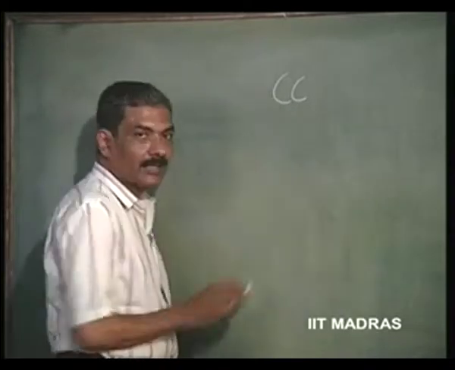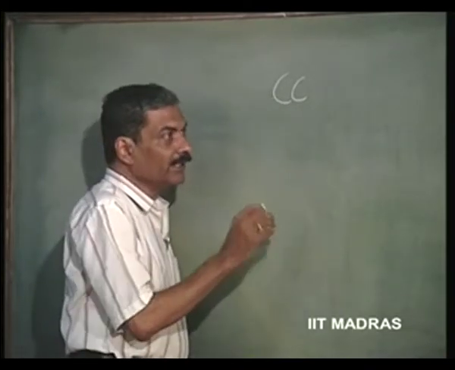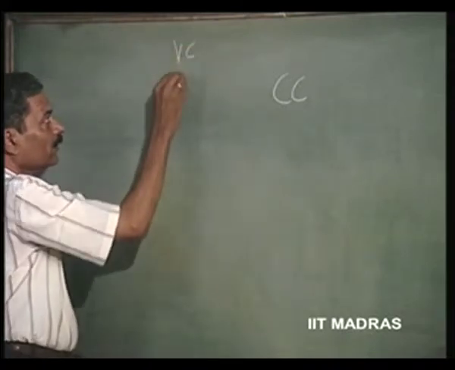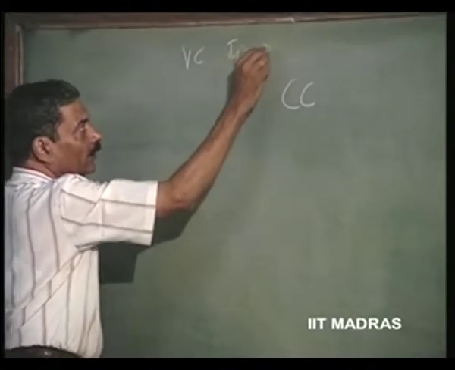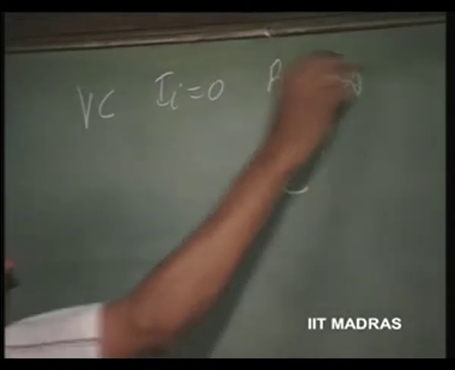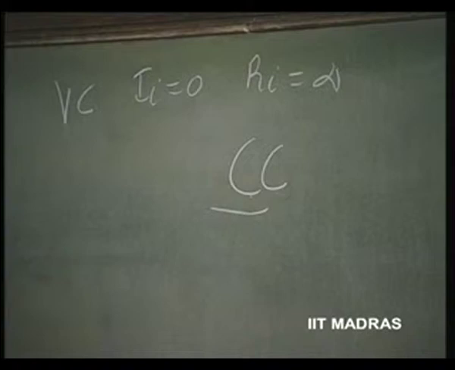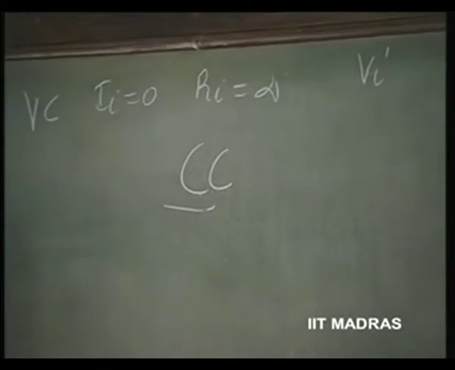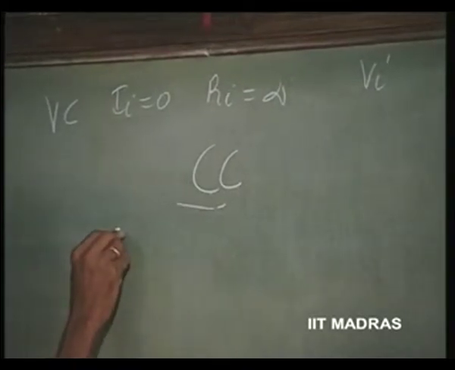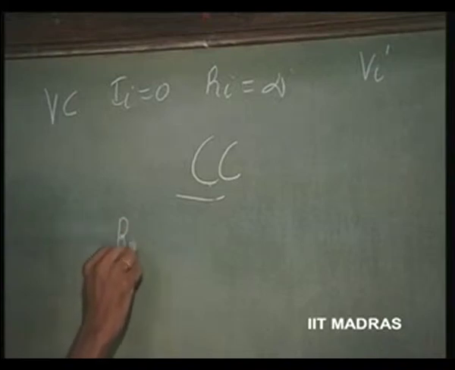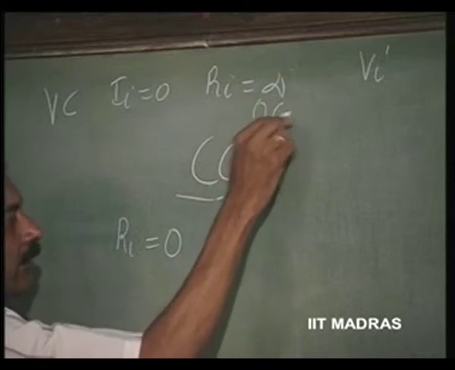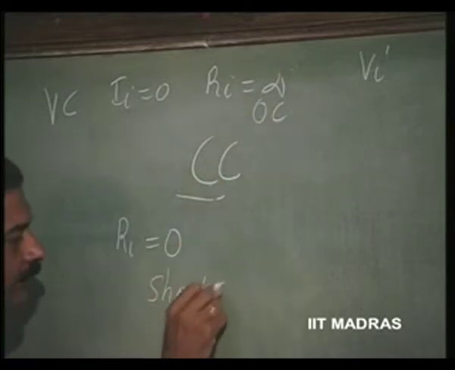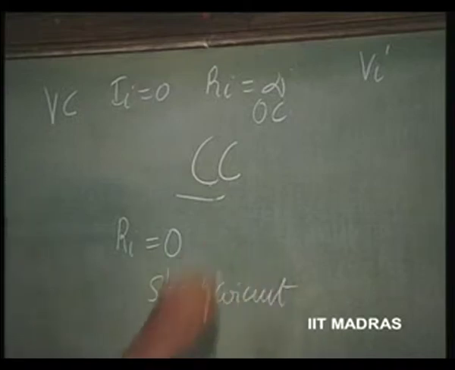So, current control, what does it mean? We just said in the case of a voltage controlled situation, I was 0 or Ri was infinity. In the case of current control, obviously, and it is controlled by Vi. In the case of current control situation, we will have Ri equal to 0. It is a short circuit. Here it was an open circuit. Here it is a short circuit. Ri is 0.